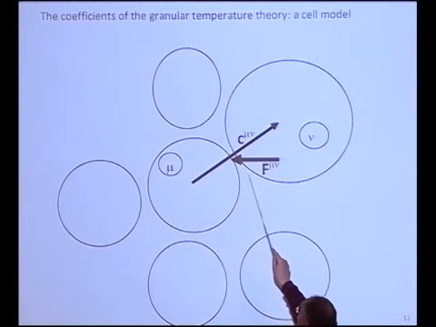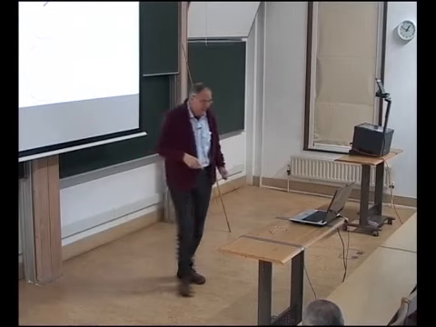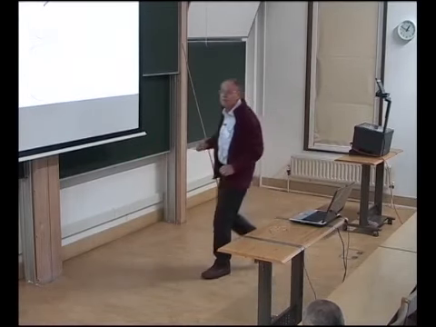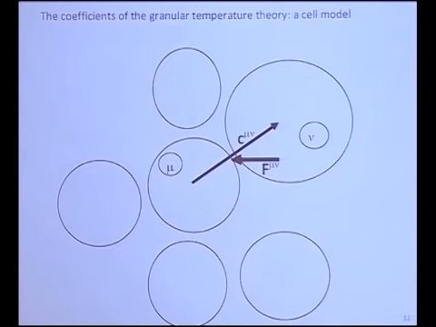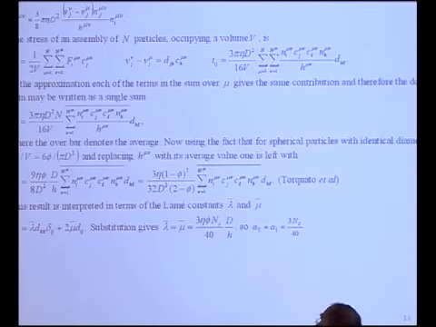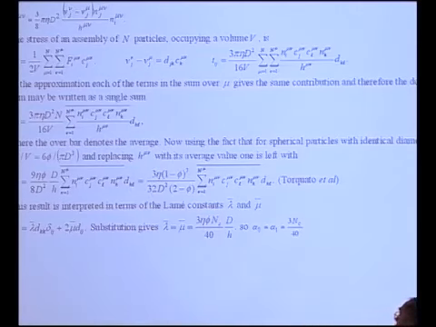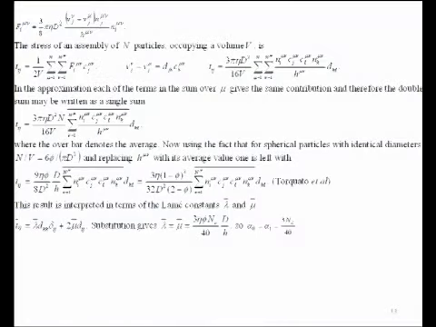Then C mu nu relates to the branch vector connecting particle mu with particle nu, and there's a force which I sort of concentrate near the contact, which is then denoted by F mu nu. I've got to hurry up. The lubrication interaction is just the relative velocity divided by h, and then a pile of unit normal vectors to say that it's basically a normal interaction. I know the higher order terms, but leave that aside.